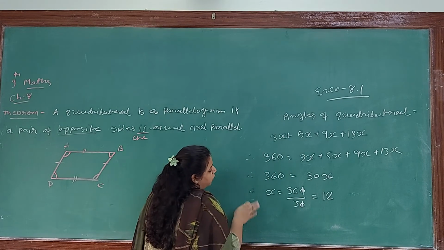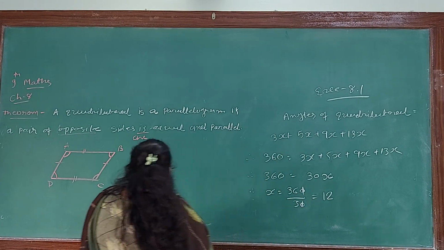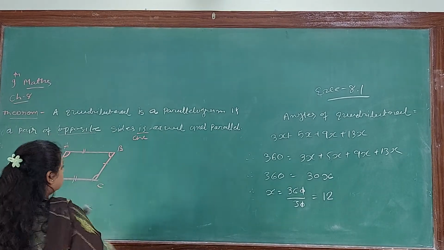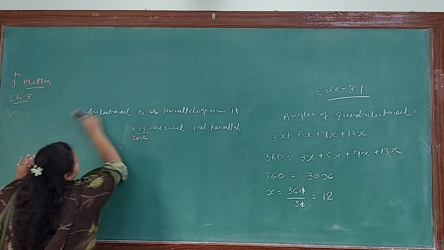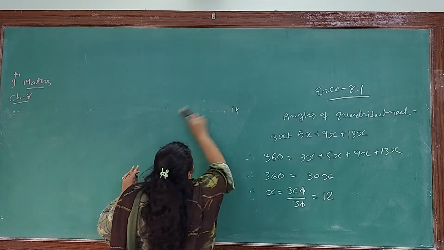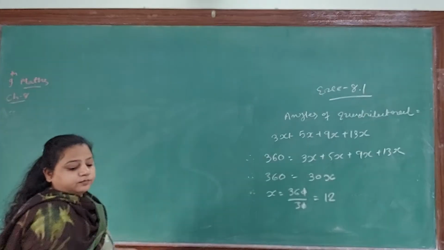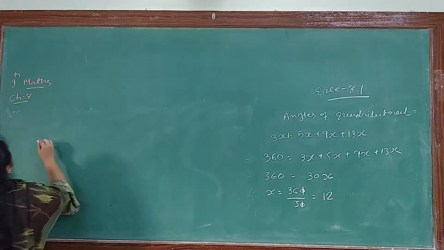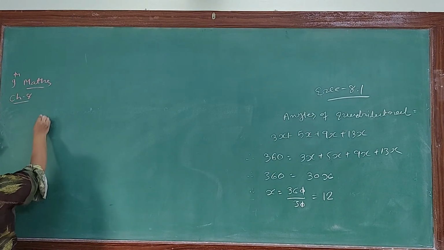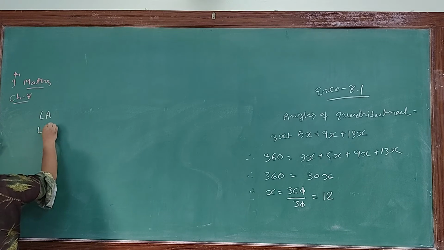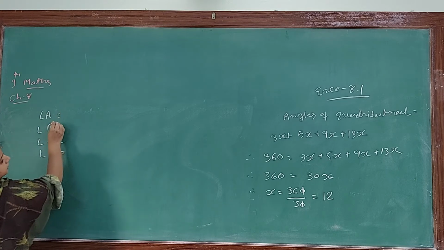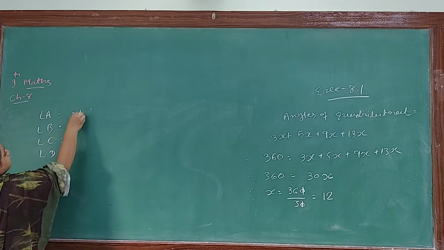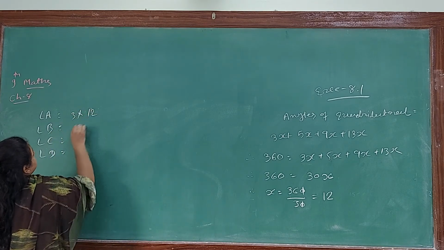So now keep the value of x in each angle. Angle A, angle B, angle C, angle D. Now 3 into 12, 36.